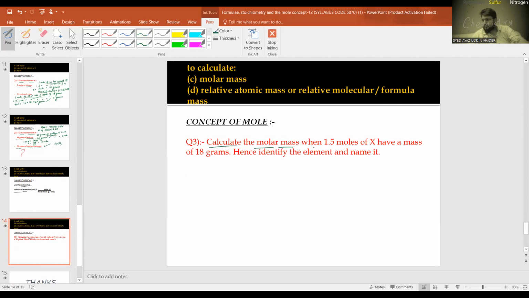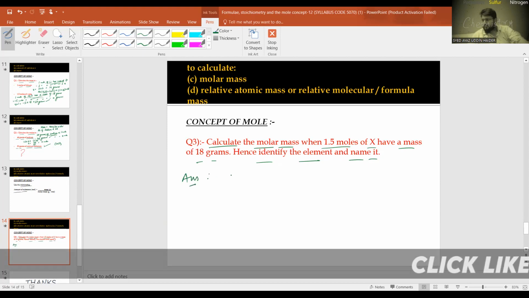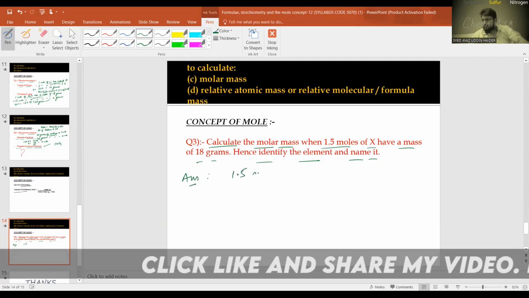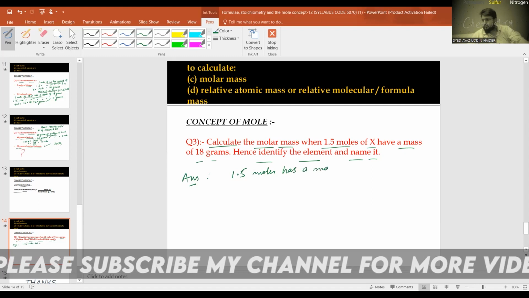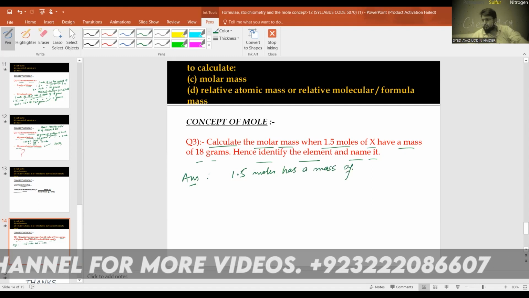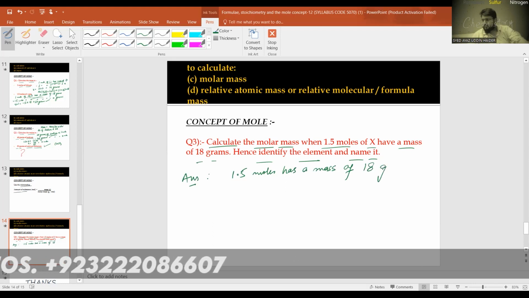Calculate the molar mass when 1.5 moles of X has a mass of 18 grams. Hence, identify the element and name it. We don't know the element. So what you will do, you will write 1.5 moles has a mass of 18 grams.